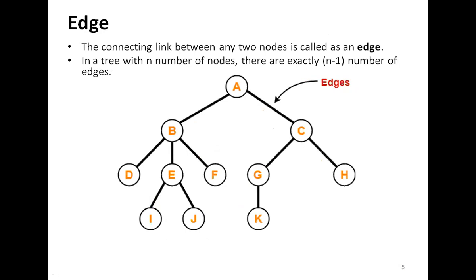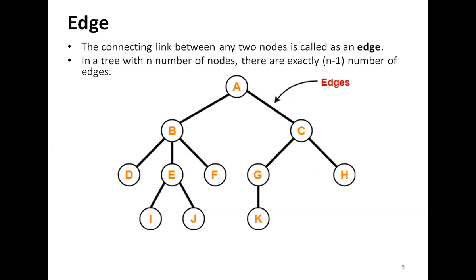Then next is edge. Edge is the connecting link between any two nodes. You see all these are nodes: A, B, C, D, E, F, G, H, I, J, K. All these are nodes, and I have already told you that nodes are used to store data, and they can also store a link to other nodes.